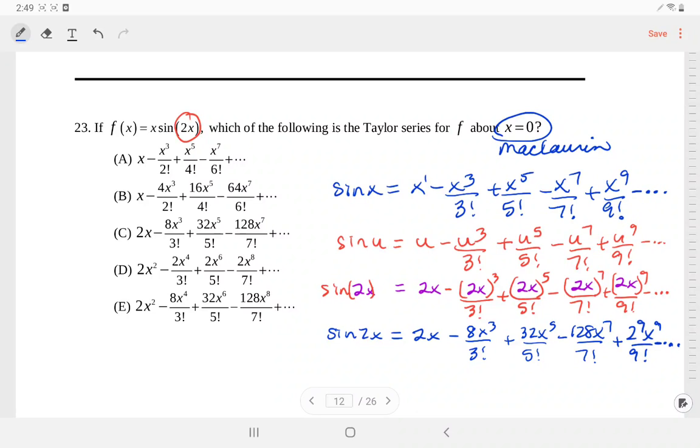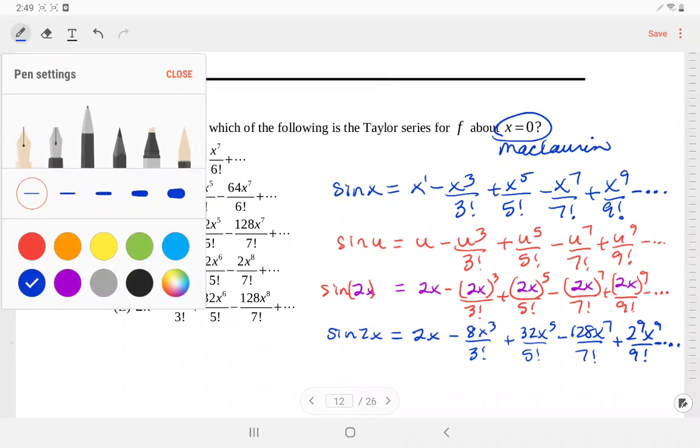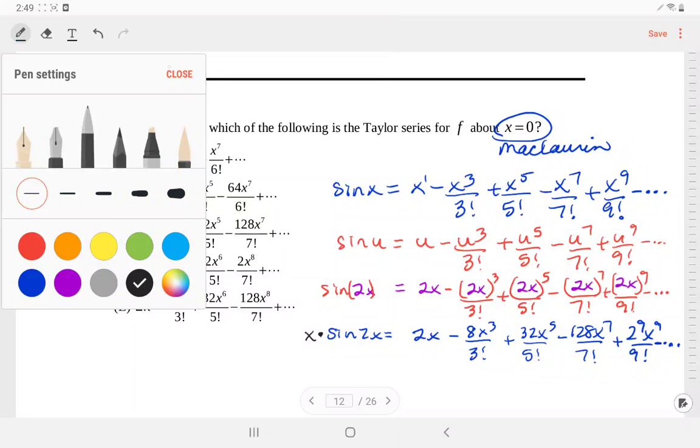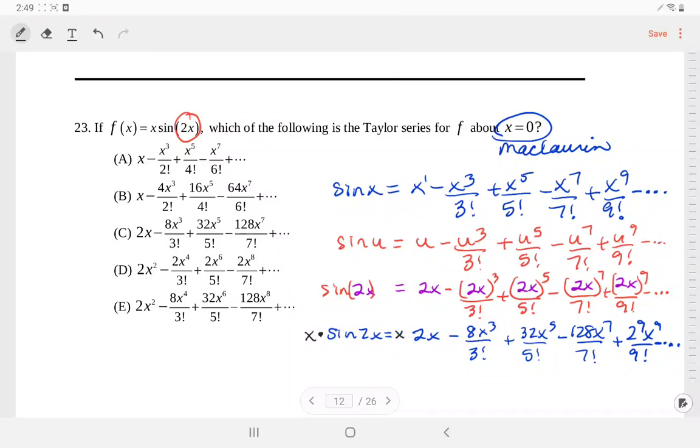Okay, so then it says x in the front. So what am I going to do with the x in the front? I'm going to multiply by the x in the front, so I want to times on the other side as well. I'm just moving my equal sign. So I'm going to multiply both sides by x. Now, when I multiply the right side by x, I'm going to have to multiply the whole thing.